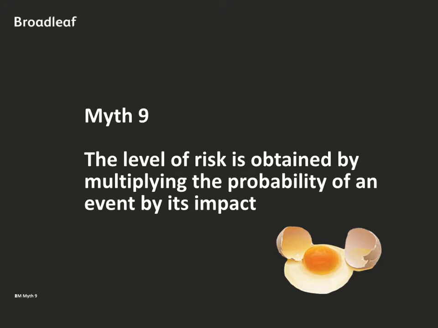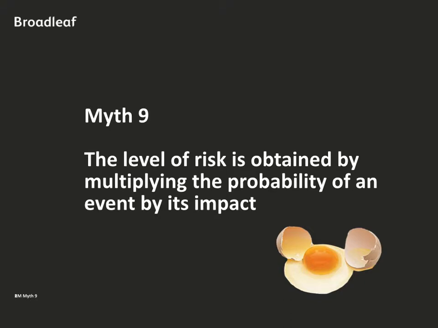The ninth myth is concerned with how we determine the level of risk, and you will often find it said and written that it is the product of the probability of an event and its impact.